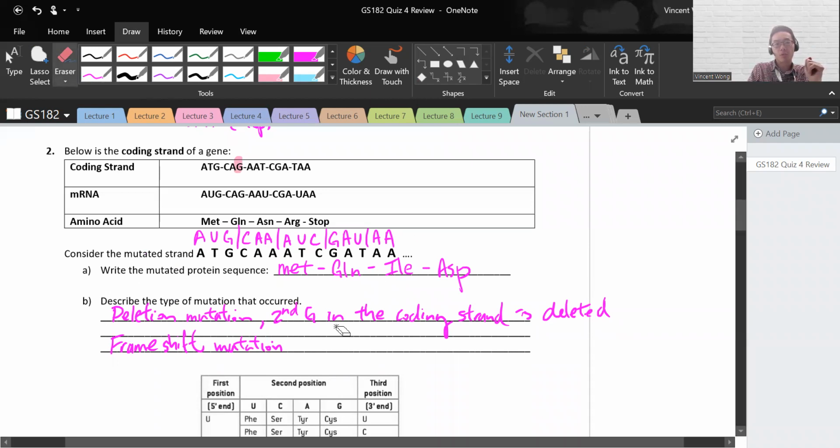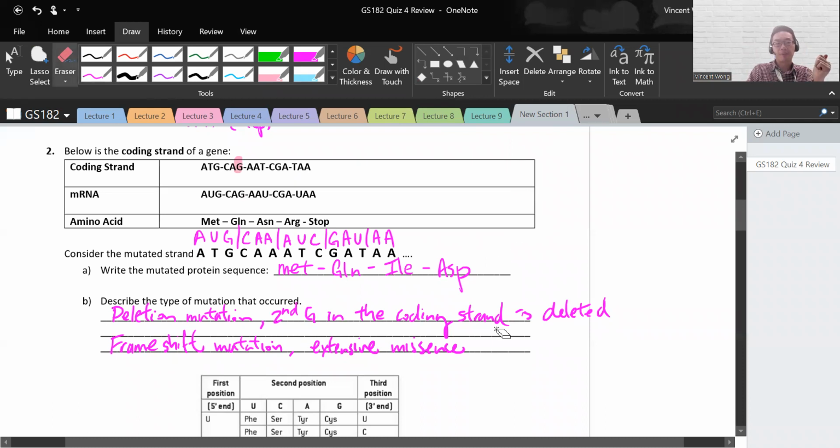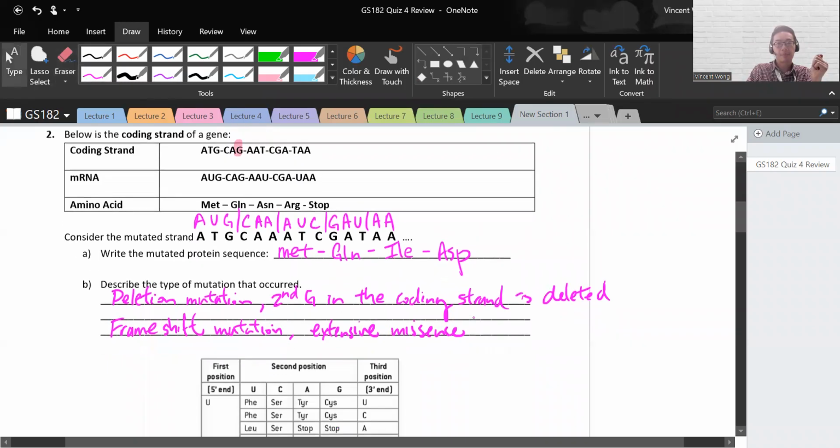And by changing the reading frame, it leads to extensive missense. Everything after the point of deletion is going to be wrong. And furthermore, the protein that we're making is much longer than what it's supposed to be because we missed the original stop codon by shifting the reading frame. Okay, so that's the answer for part B.